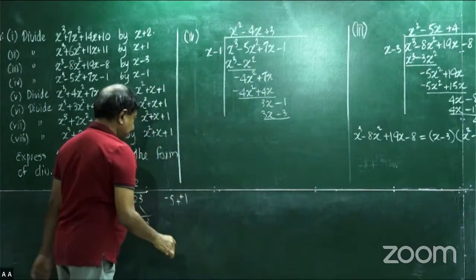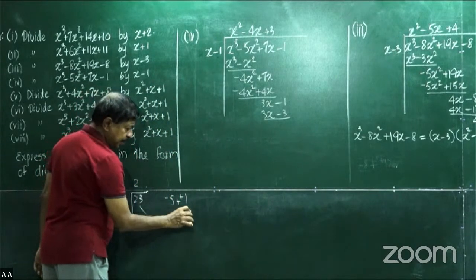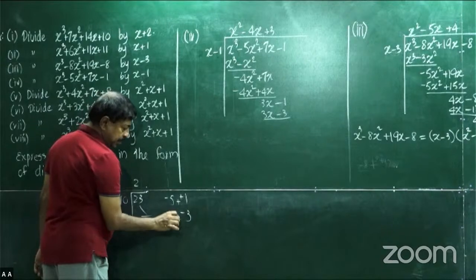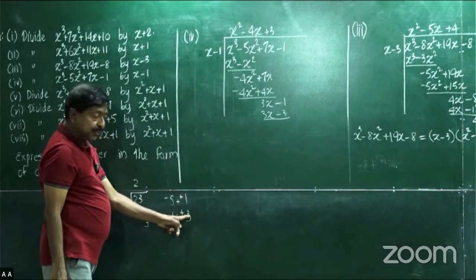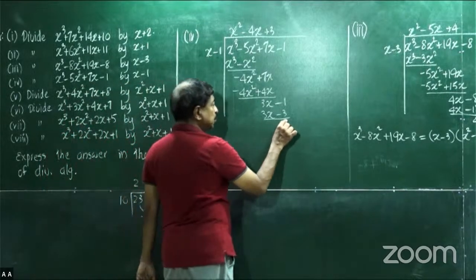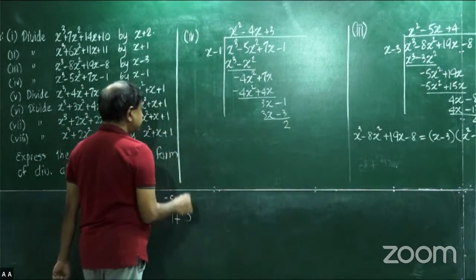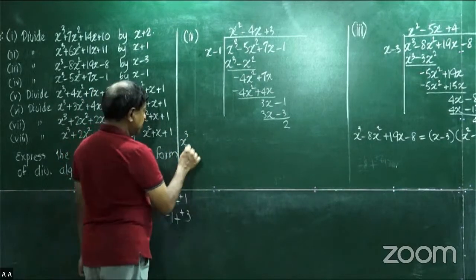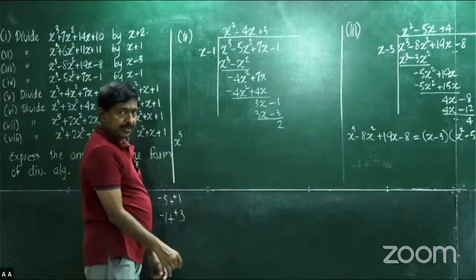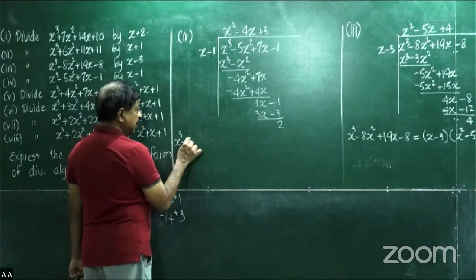Again, you have the same problem. -1 minus -3. It will make this one positive. So 3 is larger. The larger one is positive. So 3 minus 1 is 2. So if you write this in the format of the division algorithm, you will end up with this.